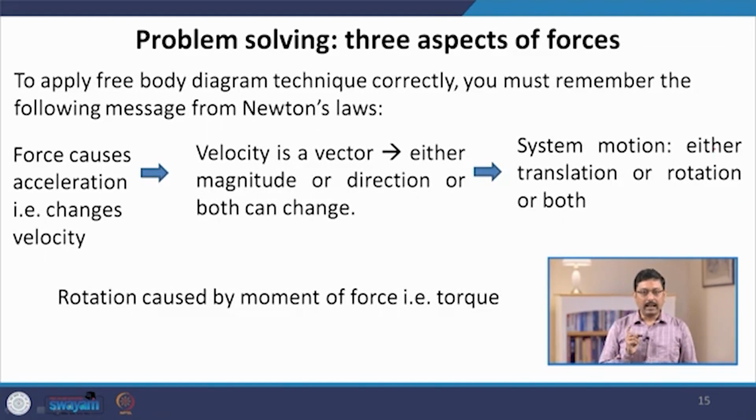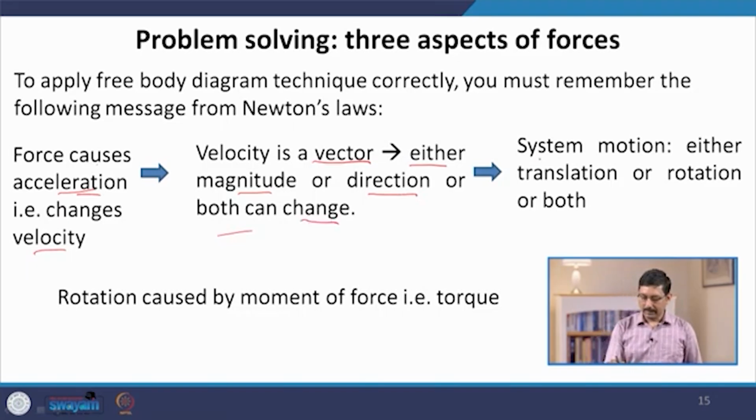So, to correctly draw the free body diagram, you must remember the following message from Newton's laws. Force causes acceleration, that is, it changes velocity. Now, velocity is a vector, which means either the magnitude or direction or both can change.